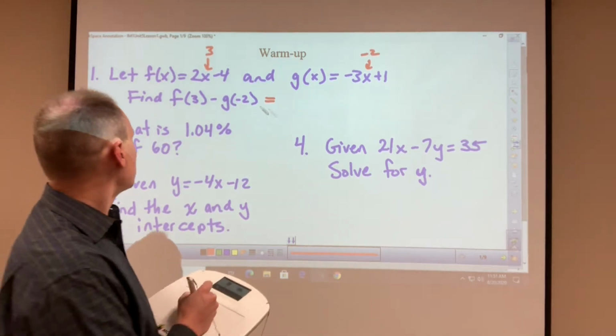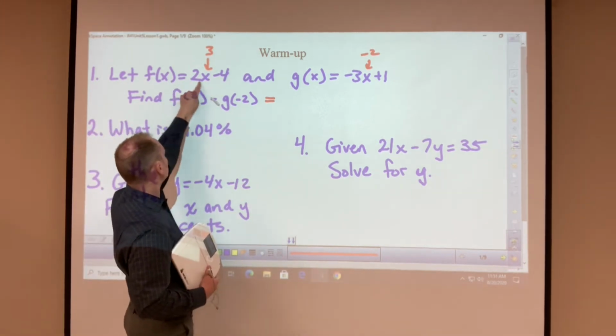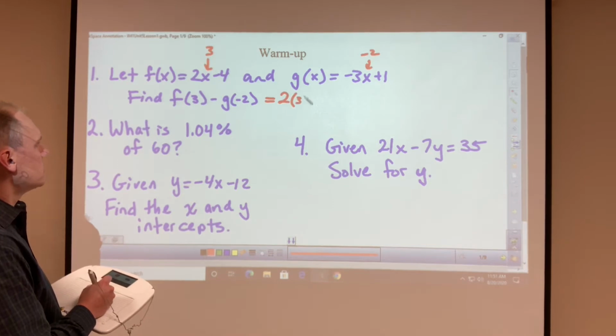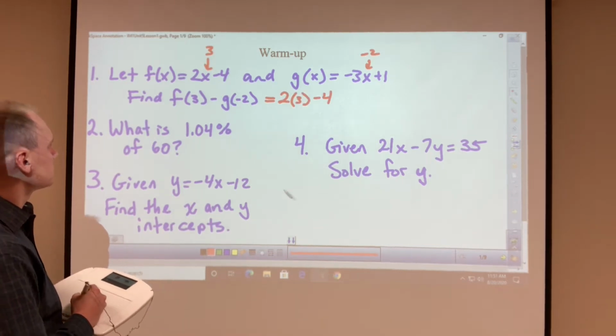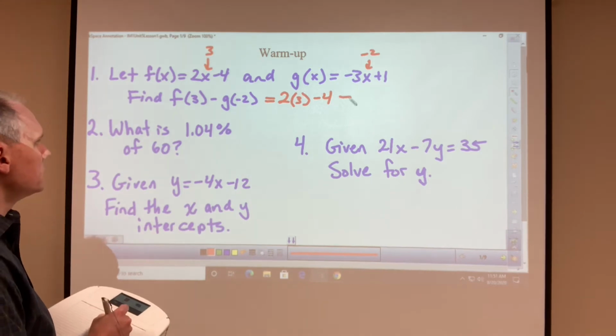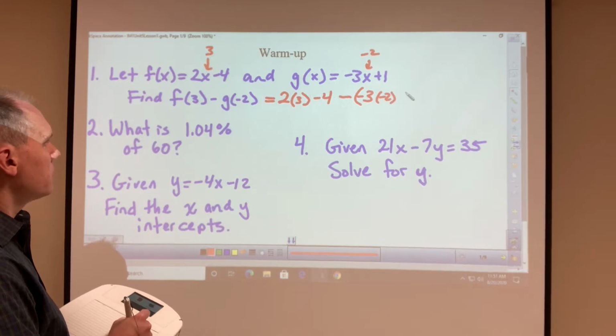All right, so let's see. If we put 3 into f of x, we're going to get 2 times 3 minus 4. And then, of course, minus g of negative 2. So g of negative 2 is going to be negative 3 times negative 2 plus 1.